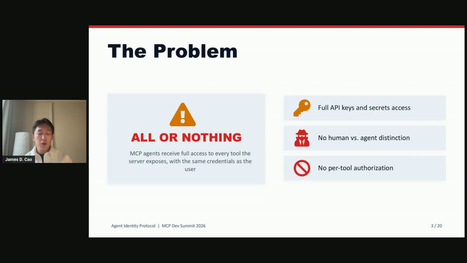So from that space, we can see that security is a really big issue, and we want to figure out a way to solve it, right? There's no distinction between the human and the agent, and the agent can call any tool that it wishes, per discretion, per the task that is given.